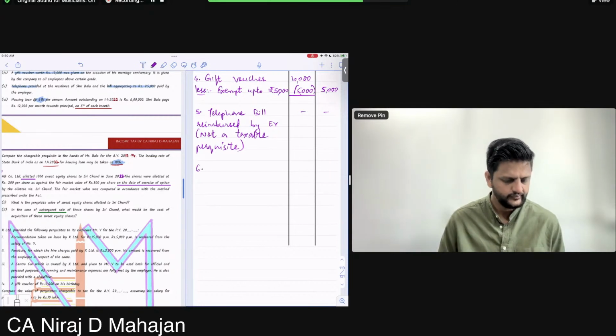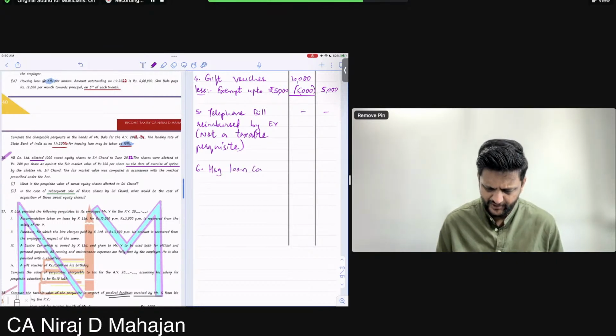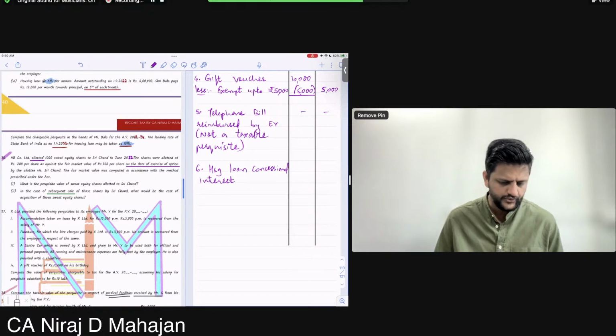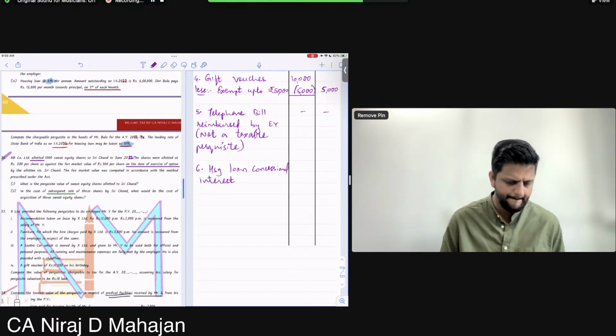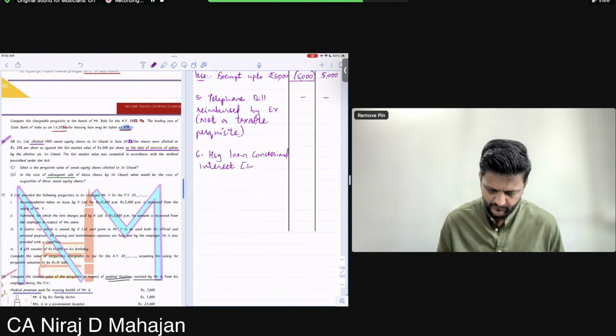Sixth, housing loan concessional interest. Only that much is remaining. Nice. So working note 1. There are no other working notes, no?